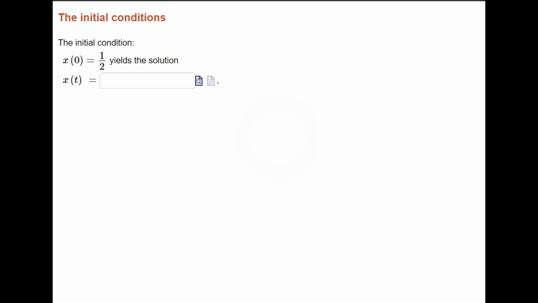So in the first case, our initial condition is x of 0 equals 1 over 2. We insert that into our workout and see what happens. Our solution equation, where x of t is 1 over 1 plus e to the minus t times c, and we plug in the values t equal to 0 and x equals 1 over 2, which is our initial condition.